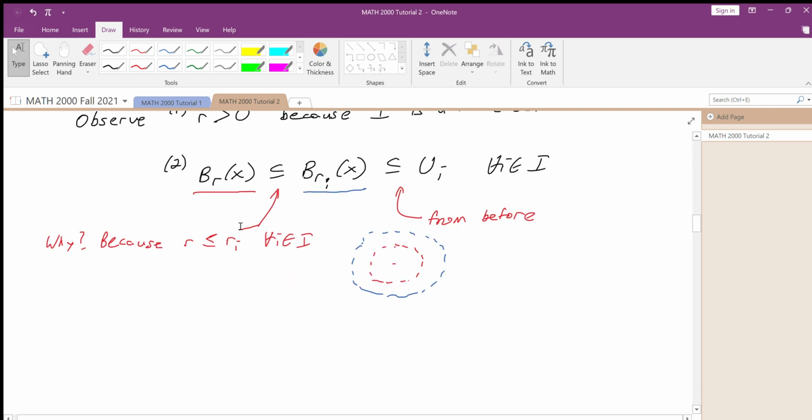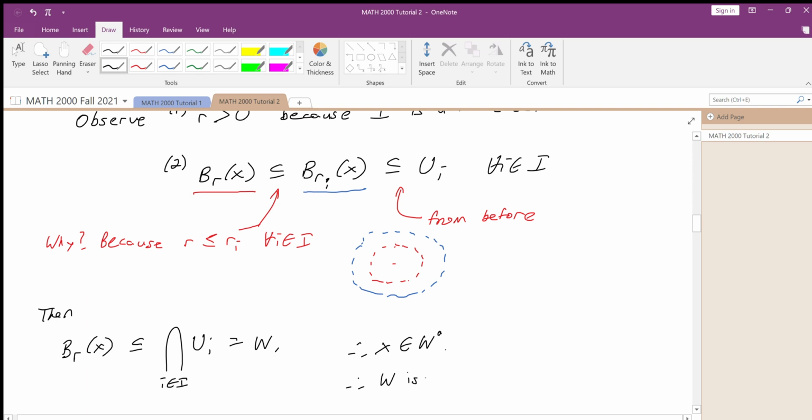So at that point, we're pretty much done because then the ball will be contained inside the intersection of all the UIs. And that's just equal to W. So therefore, X belongs to the interior of W. X was picked arbitrarily, therefore W is open.